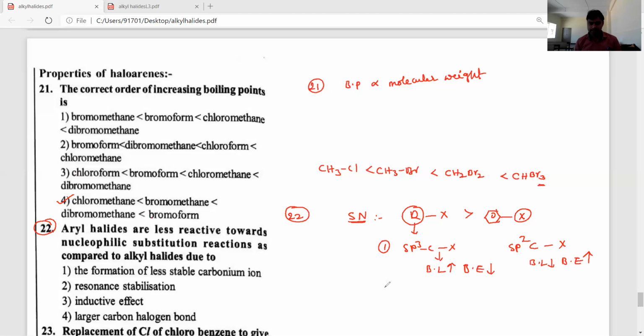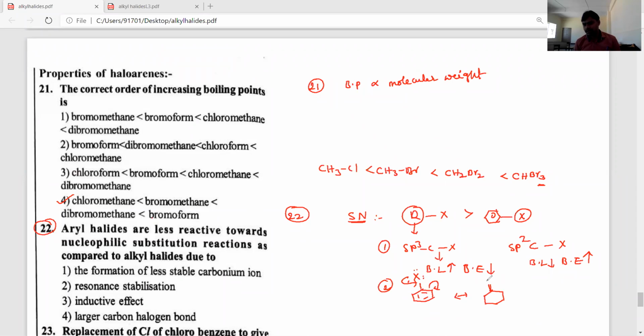The second reason is that aryl halides are involved in resonance, so they are resonance stabilized. The lone pair electrons on halogens are involved in resonance and increase the electron density at the ortho and para positions, and the halogen and carbon form partial double bond character.